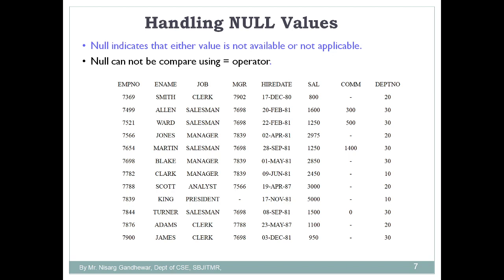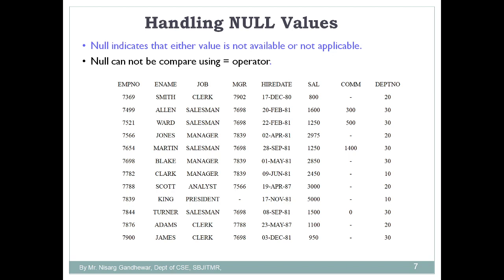But wherever you find no value, that means commission is either not applicable or not available for that employee. So don't consider that 0 and null are the same. Null is different. Null means nothing, it's void. And 0 means there is a value, but currently that value is 0.